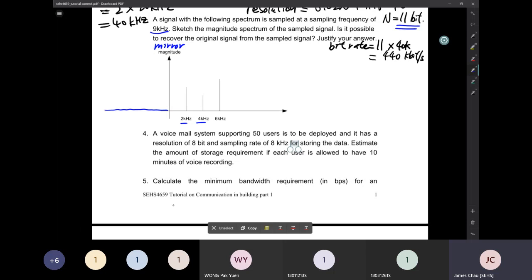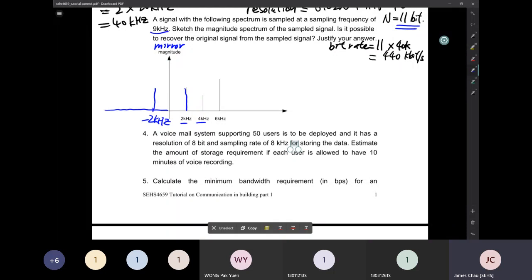Therefore, at the position of -2 kHz, you copy this sample. Okay. Now the others you can try.